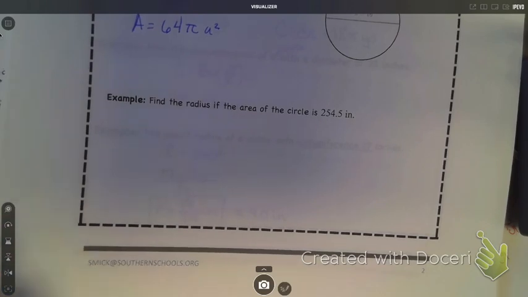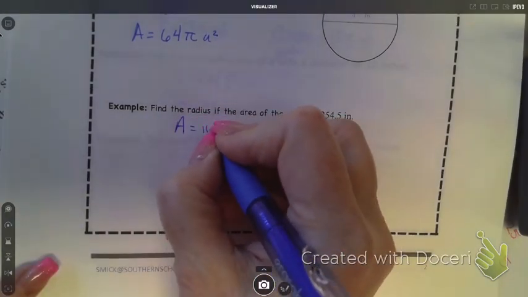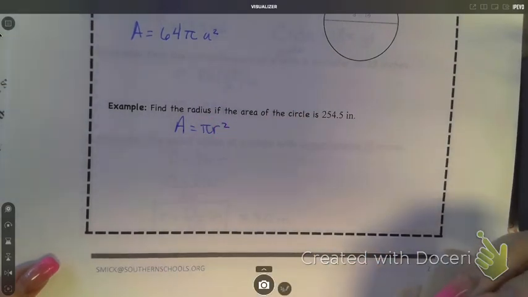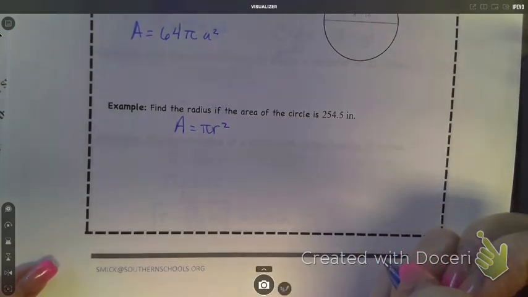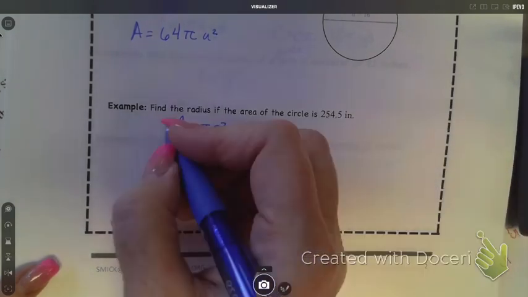Okay, find the radius if the area of a circle is 254.5 inches. So what am I going to do? I'm going to work backwards, right? So I have area equals pi r squared. So what do I have? 254.5 for the area, right?